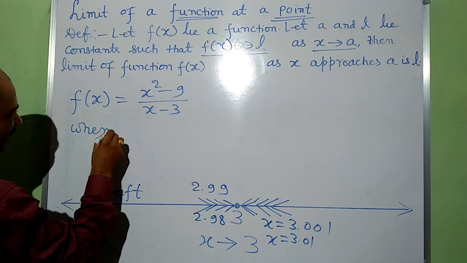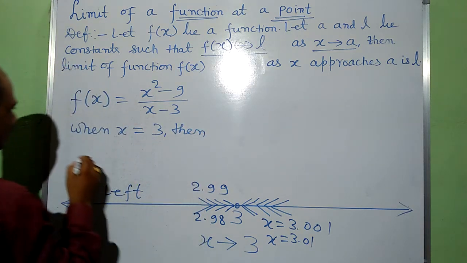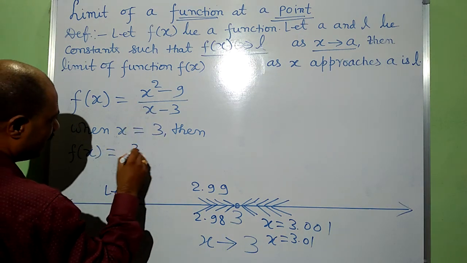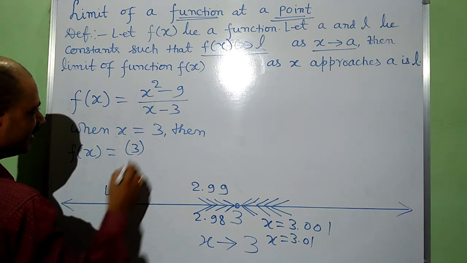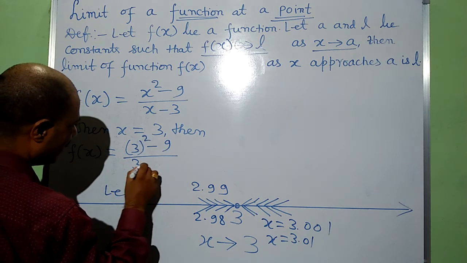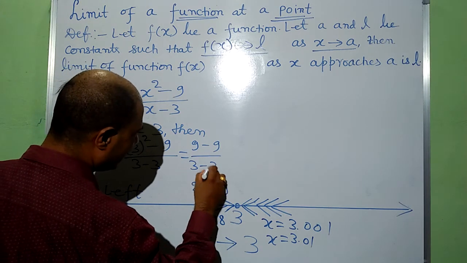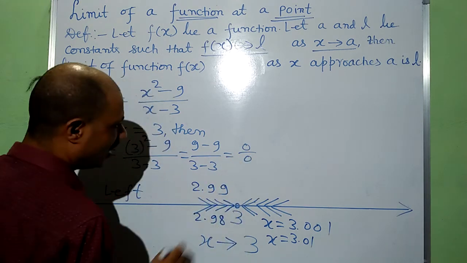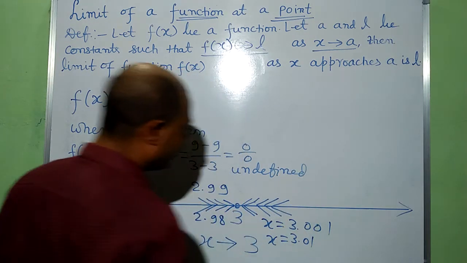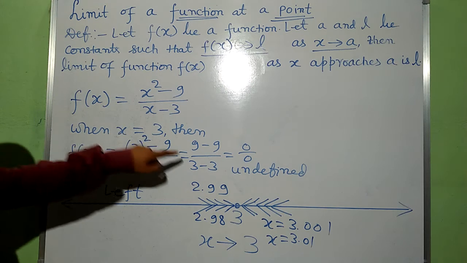When x is equal to 3, we have to substitute the value of x as 3. 3 square minus 9 by 3 minus 3, that is 9 minus 9 by 3 minus 3, that is 0 by 0. This is undefined or indeterminate form. We can't find the value of f(x) in this way.